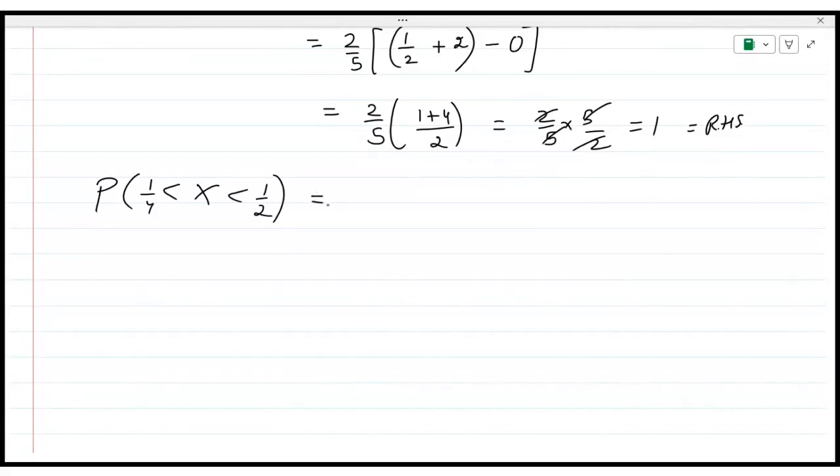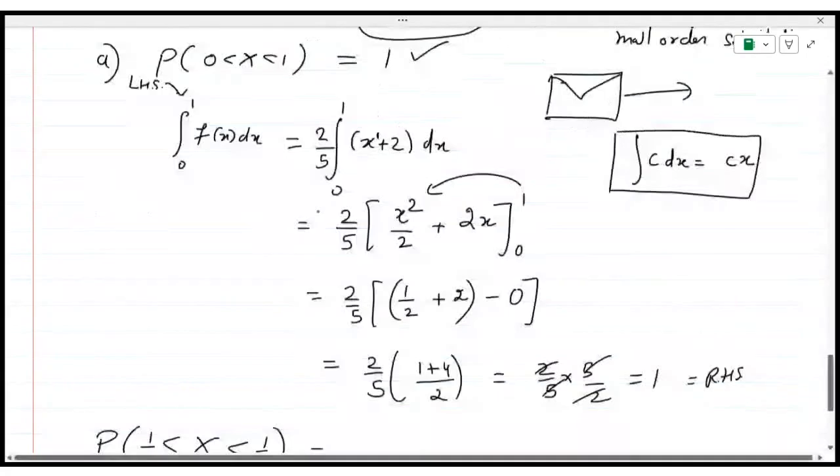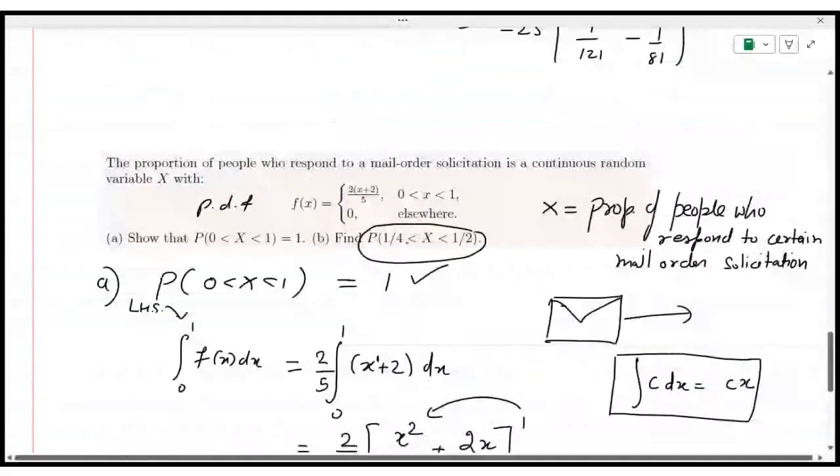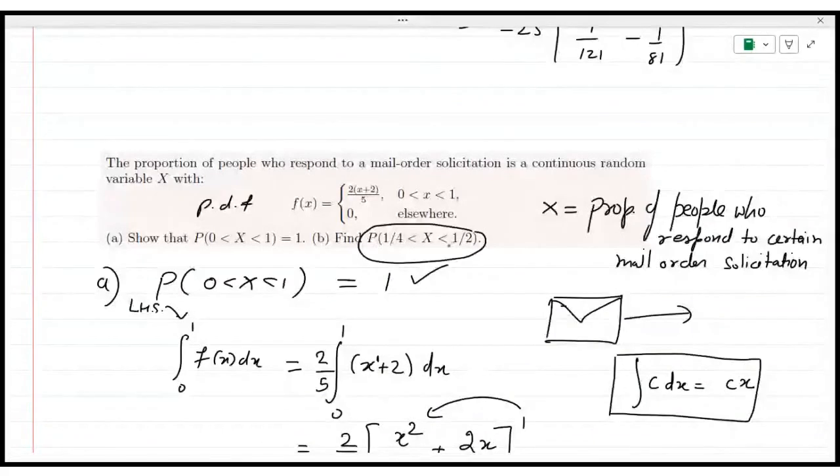Do you understand what I am trying to say here? Here in this question, it is directly written: find the probability that x is between 1/4 and 1/2. But in the actual problem, it is not written this way. They have written words, and we have to make this expression.